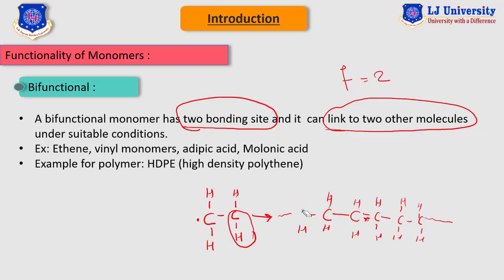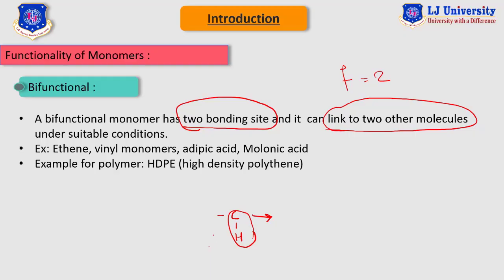Let me quickly take one more example of a bifunctional group so that it will give a complete picture about this functionality, right? Now let me rub this quickly, and we will have one example of a substance called ethylene glycol, right?